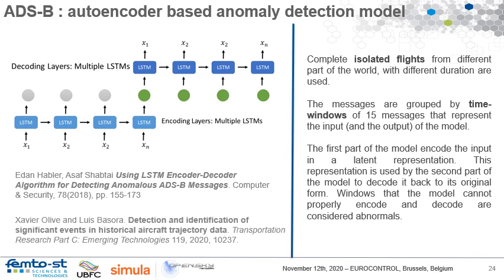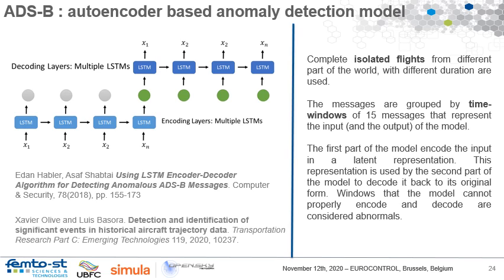The idea is to take isolated flights, usually with different durations, and messages are grouped by time windows, and we try to encode and decode those time windows, and the ones that are problematic to encode and decode are usually considered abnormal.